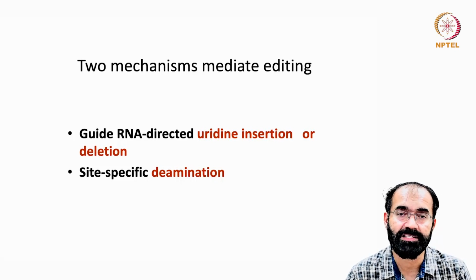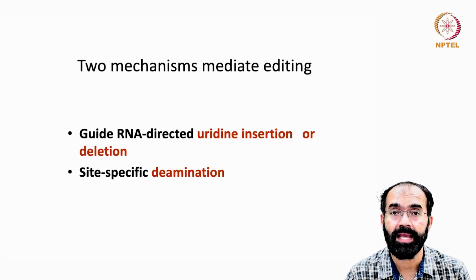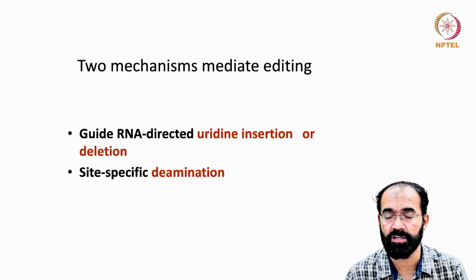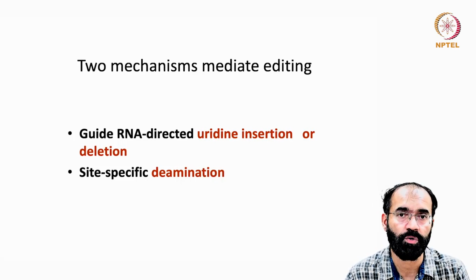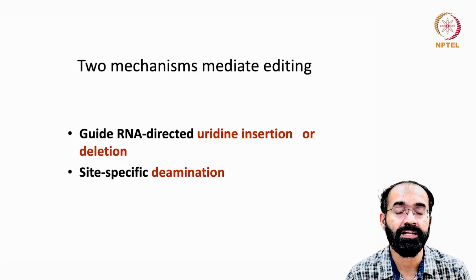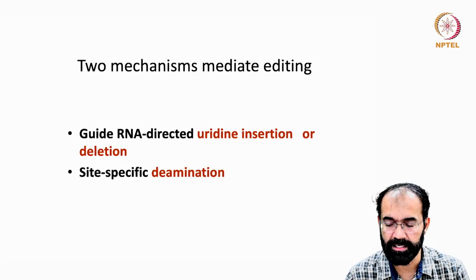And uridine bases can be selectively added or removed. Then comes site-specific deamination. Not every A is deaminated, not every C is deaminated. Specific loci, specific locations, because of the secondary structure of that RNA, will be detected and will undergo change.